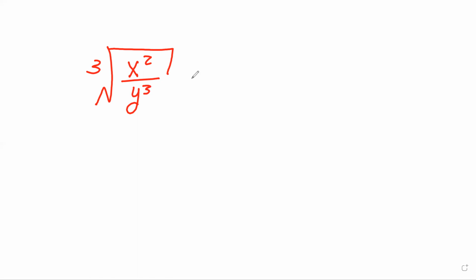So the first thing that I would do, there's multiple ways to do this, but what I would do is bring all the variables up in the numerator. And that would mean that we'd leave x squared up here, and we would change the sign of the exponent in the denominator so we can bring y up in the numerator. And so that would be y to the minus 3 power.